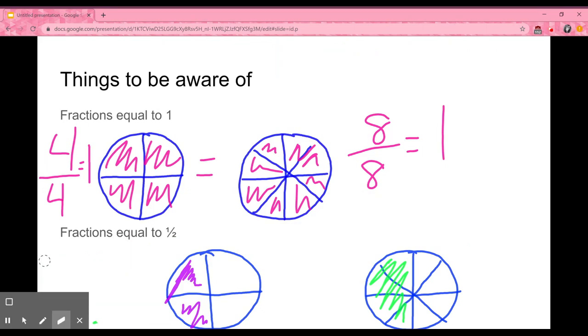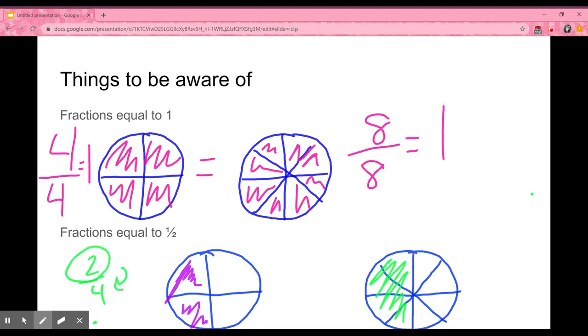Now sometimes dividing the numbers by 2 until you get down to 1/2 can take a while. There's another trick that you can do to check and see if your fraction is equal to 1/2. So let's look at 2/4 again. You can tell if a fraction is equal to 1/2 if you are able to double your numerator and it equals your denominator.